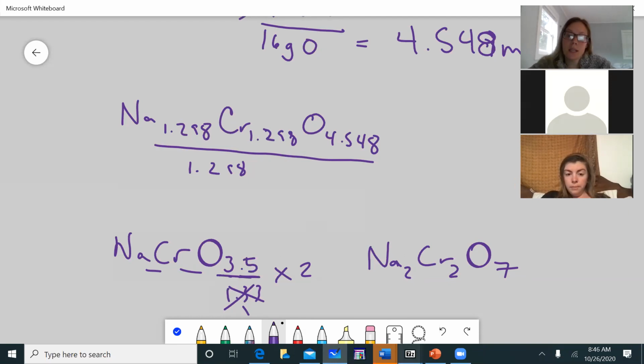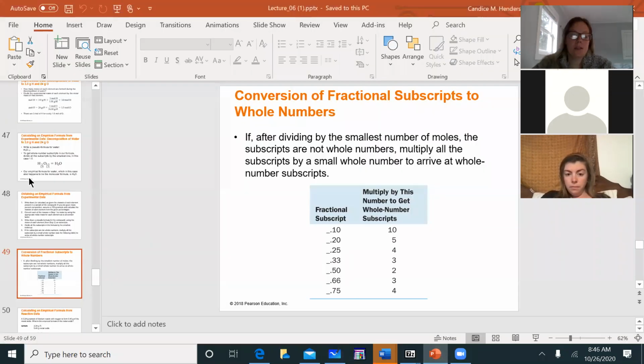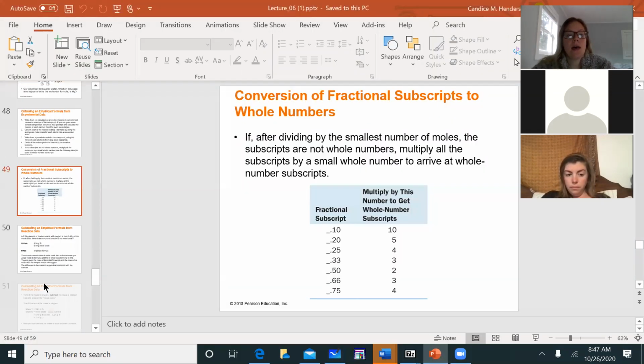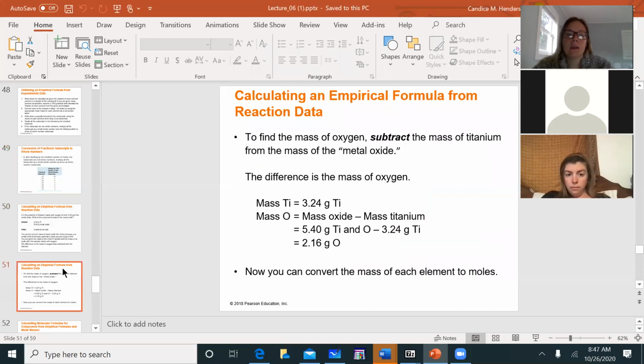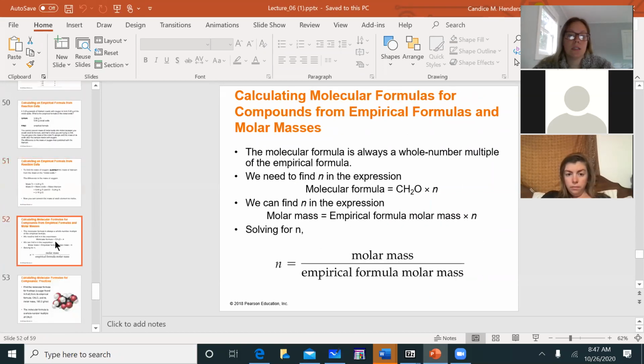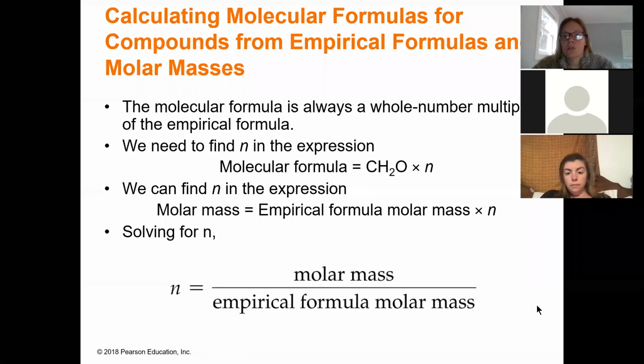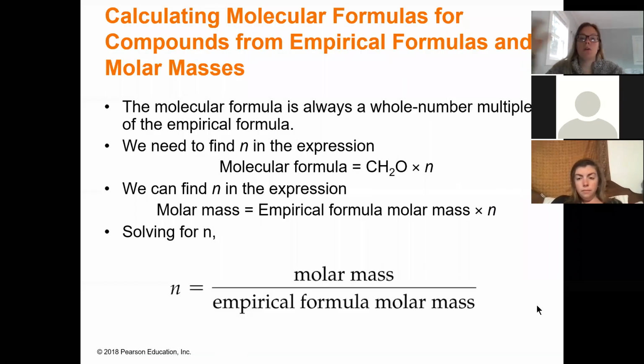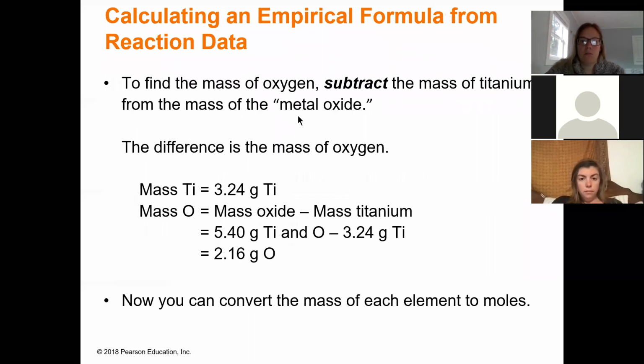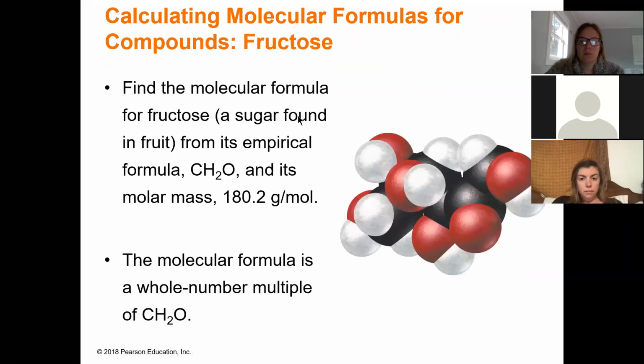So there's one other thing that I want to talk about in this section here, and that is the molecular formula and how the molecular formula relates. So if you know your empirical formula, let's go back to the previous slide. We'll look at this here. Okay.